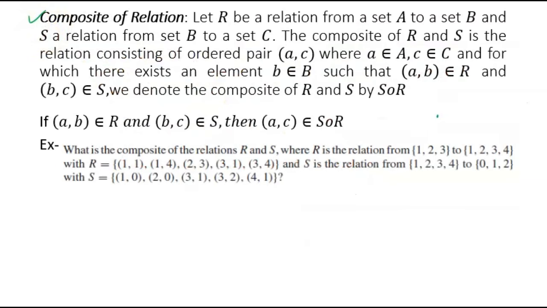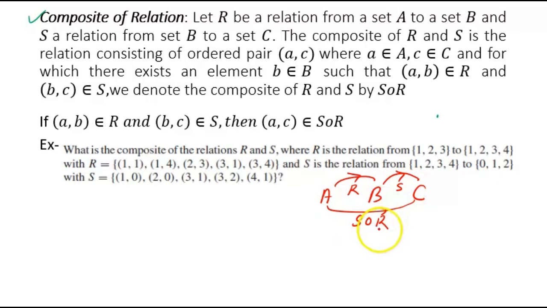To understand it, suppose we have two sets A and B, and from A to B we have defined a relation which I am representing by R, and from B to C I have defined another relation that I am representing by S. The composite of R and S, which I am representing by S composition R, means we are taking R first and then S. So that is the relation from A to C.